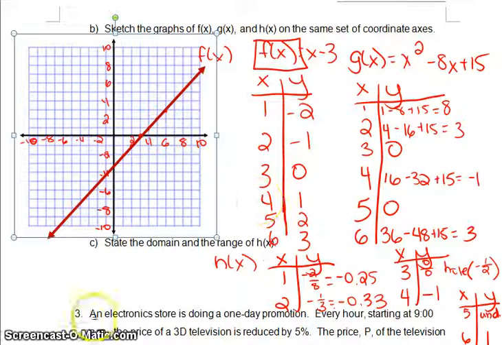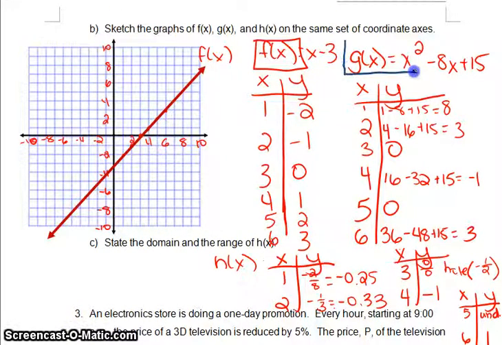And I'm going to switch color. We're going to do g of x in a different color. We're going to do this one here in blue. So when x is equal to 1, we're at 8. And when x is equal to 2, we're at 3. When x is equal to 3, y is 0.